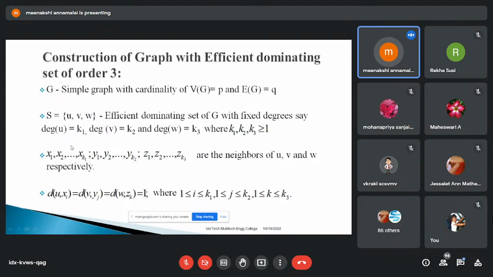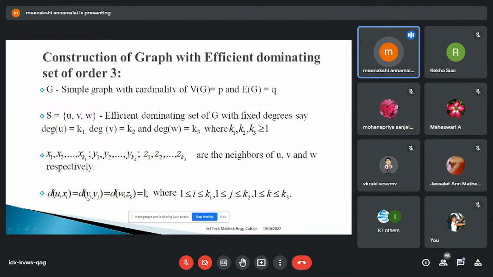Another way to say it: the distance between u and xi, between v and yj, and between w and zk is equal to 1, where i lies between 1 to k1, j between 1 to k2, k between 1 to k3.